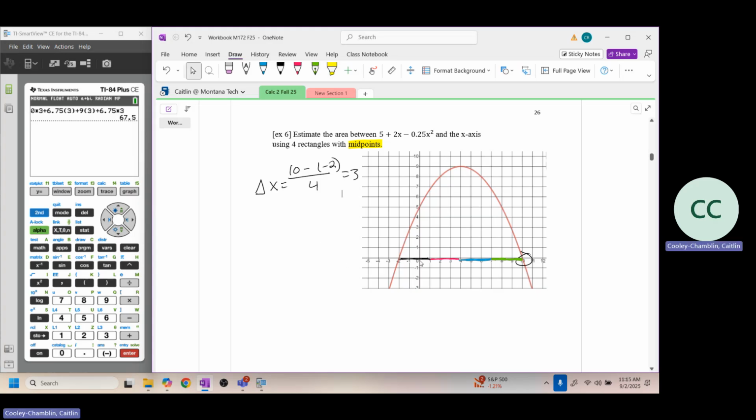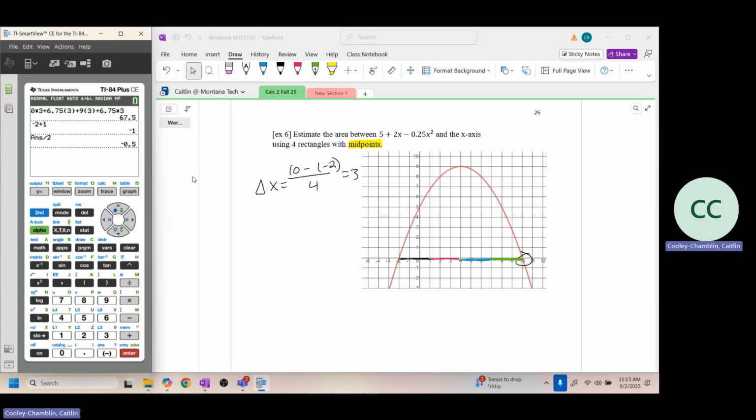So for this rectangle, it starts at -2, ends at 1, and then we want to cut that in half.